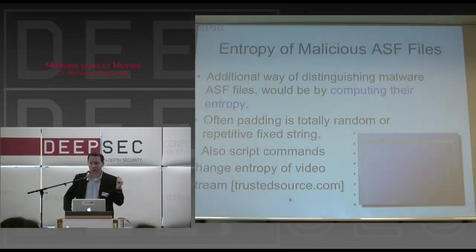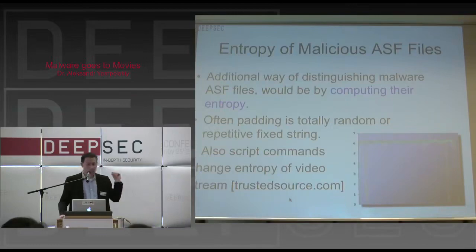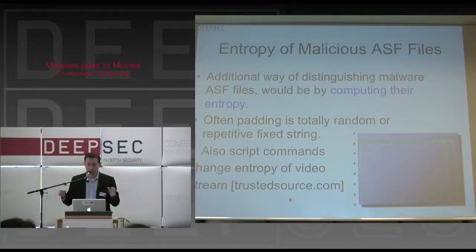Another interesting idea about how to detect malicious files was proposed by Trusted Source. This is an area for future research, but they had a pretty cool idea. If you think about a video, it has particular properties. When you inject text commands into a video, it's going to change the entropy of the byte stream, because text commands use just alphanumeric characters.